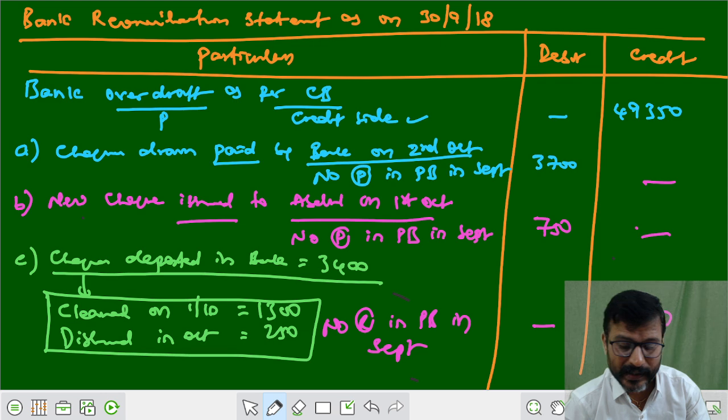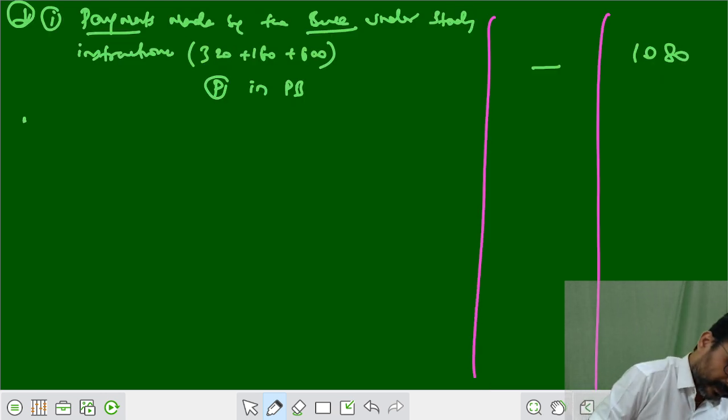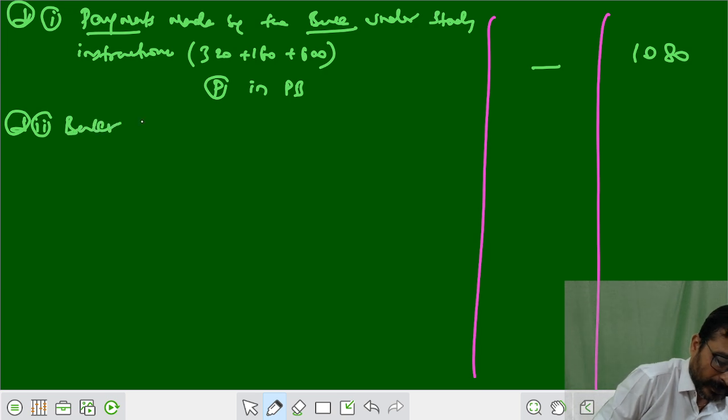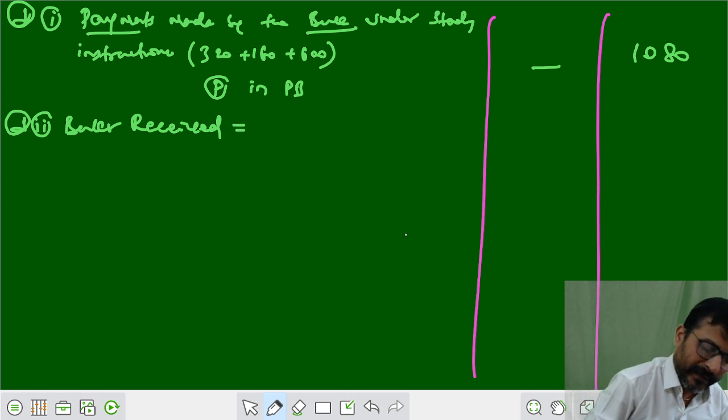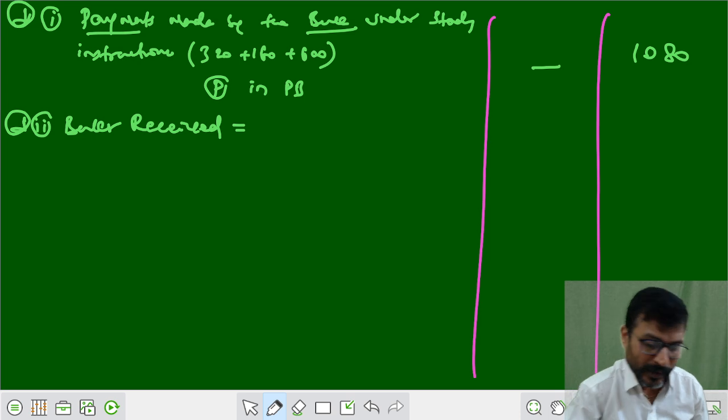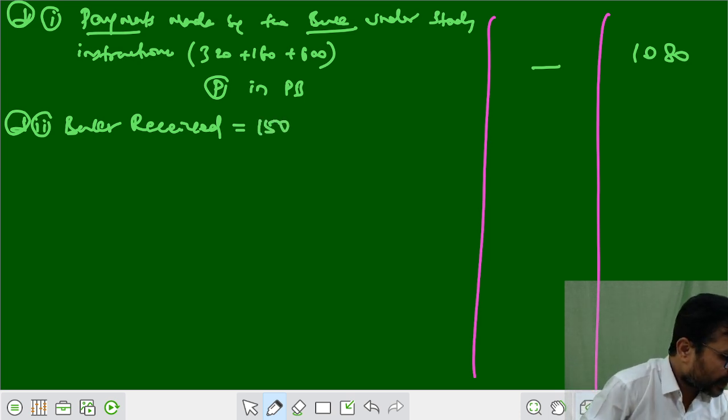Okay. So now let us write D sub point 2. Banker received. How much banker received? One is 150, right?